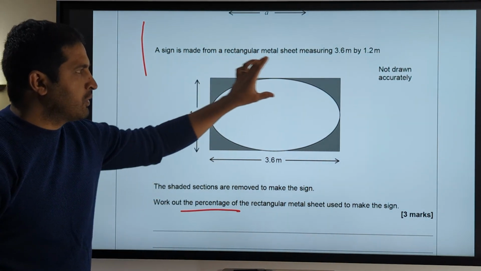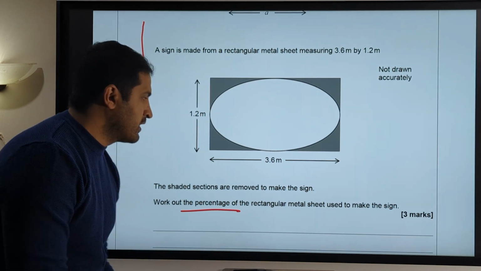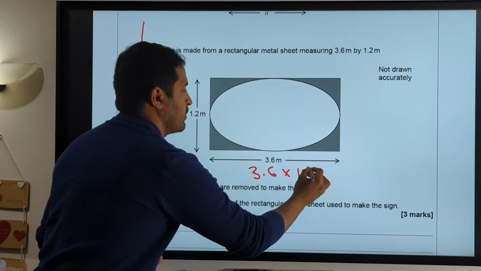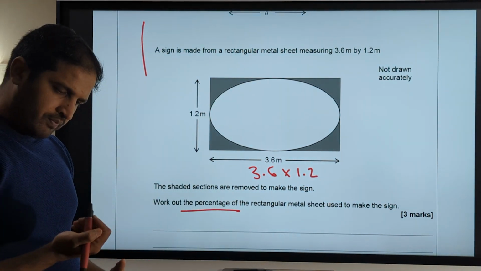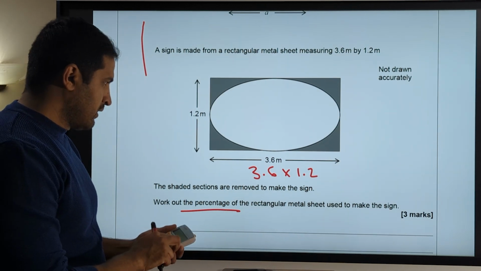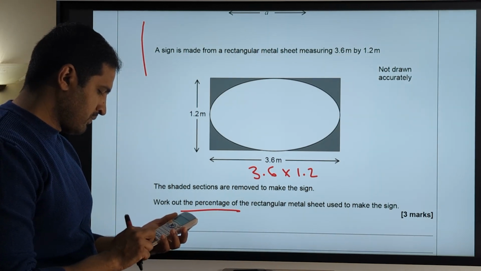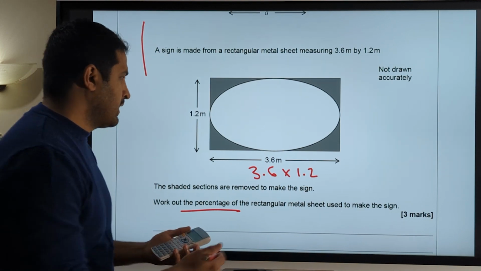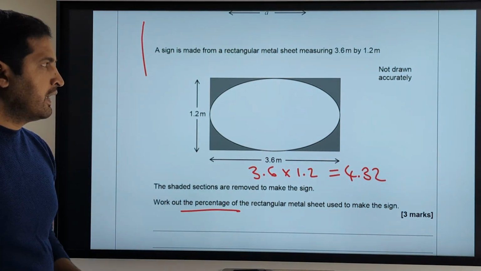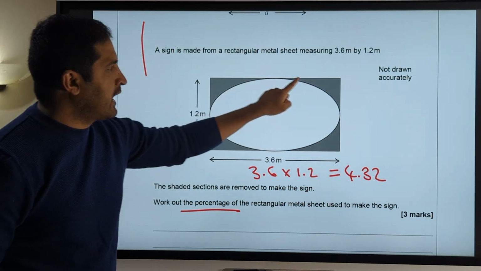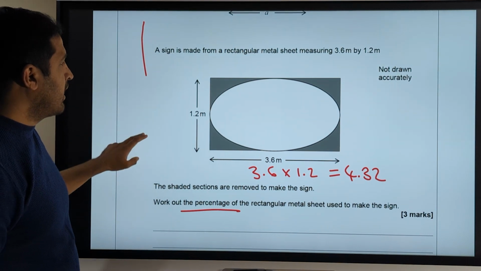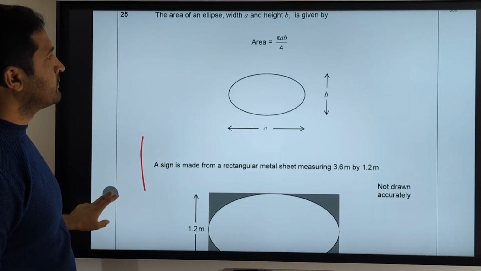But to do that, we need to look at the area of the rectangle, which is 3.6 times 1.2. So if you do 3.6 times 1.2, we get 4.32. And then we need to work out the area of this ellipse, which is width 3.6, height 1.2.